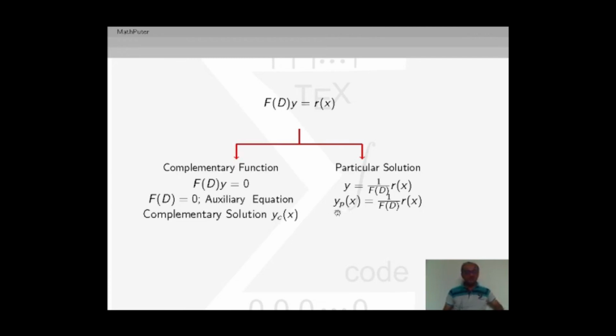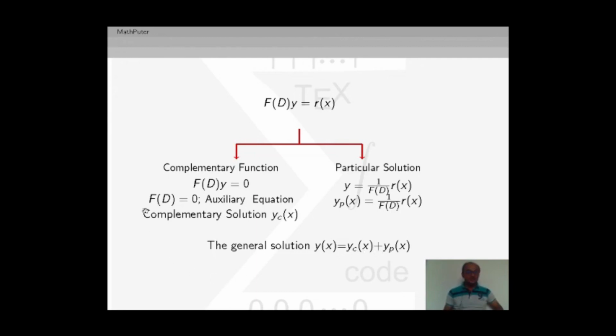Then the final solution is known as the general solution, which is the solution of this differential equation, represented by the sum of the complementary solution and the particular integral. So the general solution of this differential equation is y is equal to yc(x) plus yp(x).